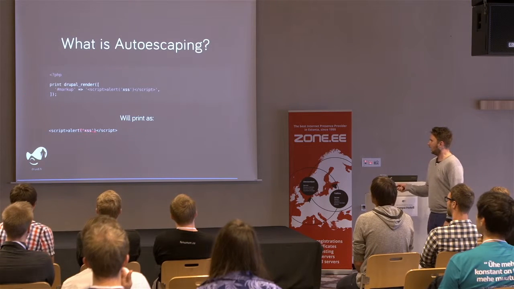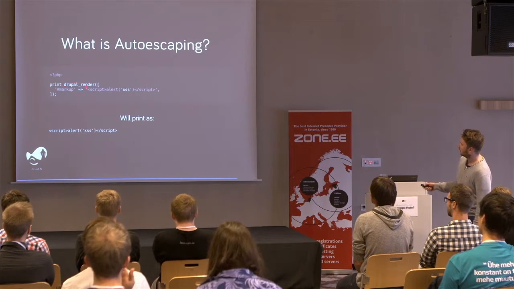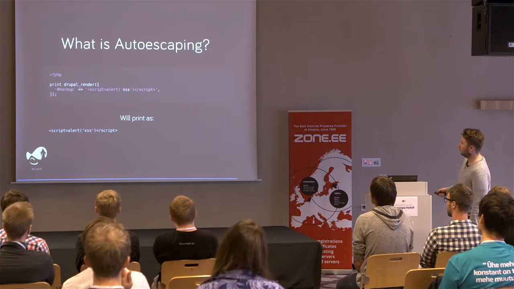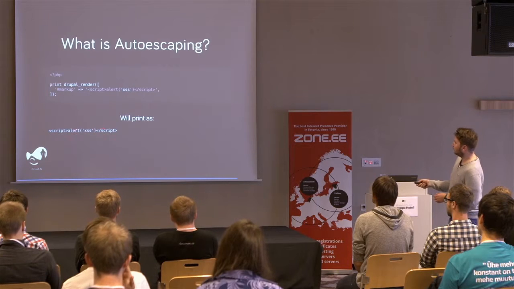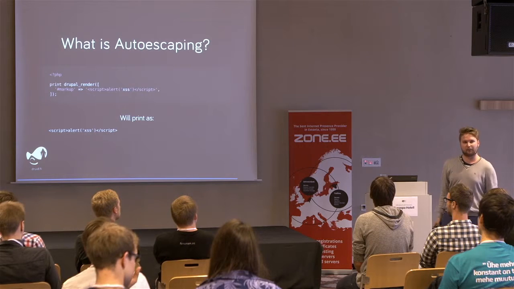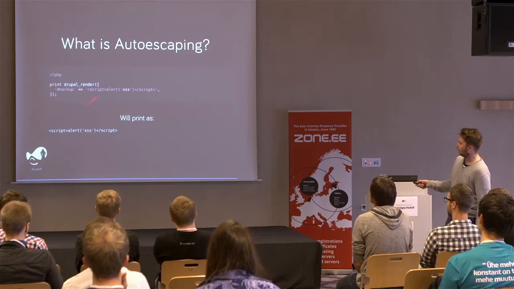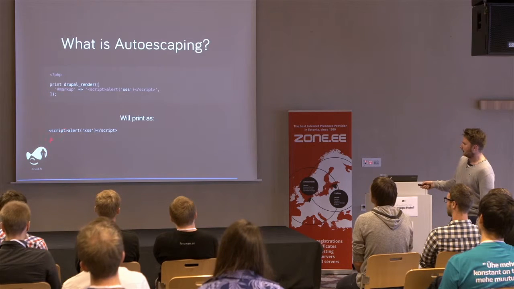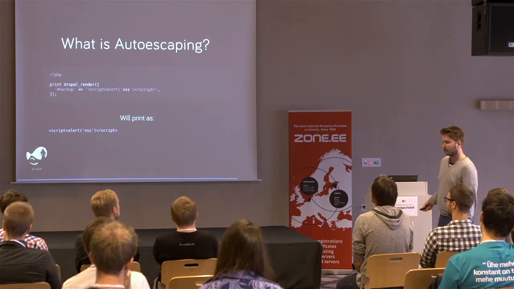So I'm going to print this Drupal render thing, markup, script alert, blah, blah, blah. What I see in the browser is the script alert XSS script text. You don't see the pop-up that you might be expecting. The reason is we escape every character that might cause problems before we print it.